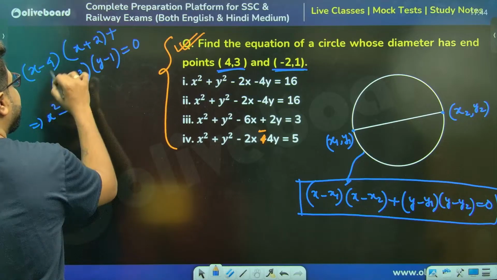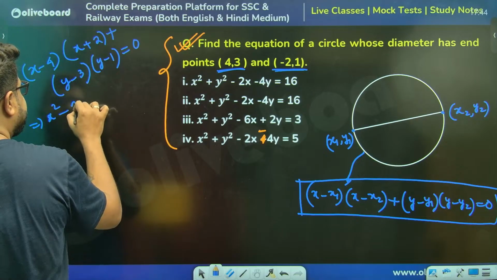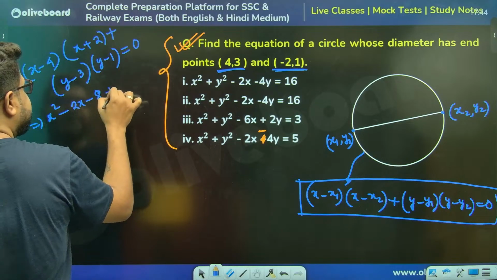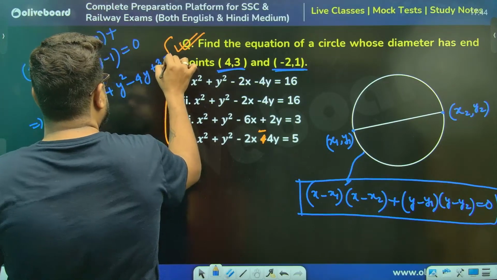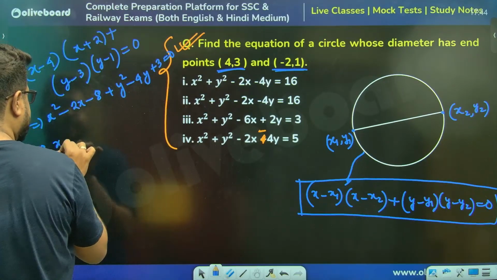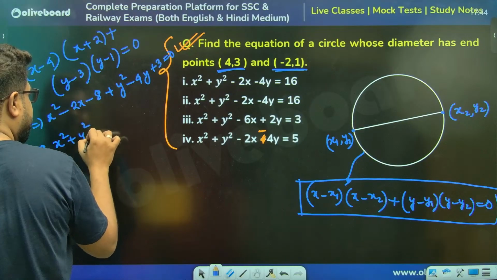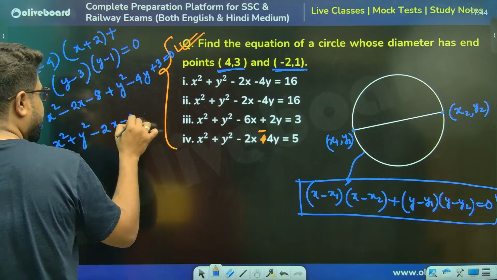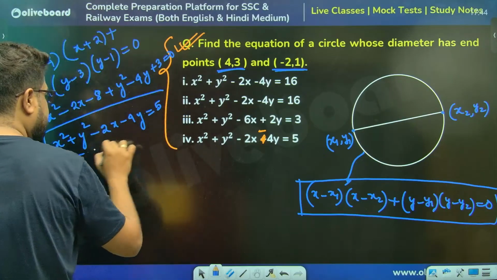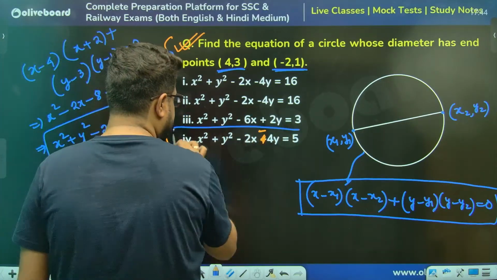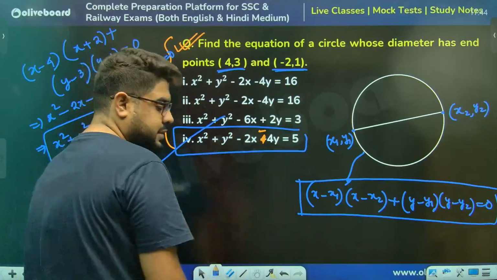Expanding, x square minus 2x minus 8 plus y square minus 4y plus 3 equal to 0. So x square plus y square minus 2x minus 4y minus 5 equals 0. Yes Reena, you are correct, this will be minus.